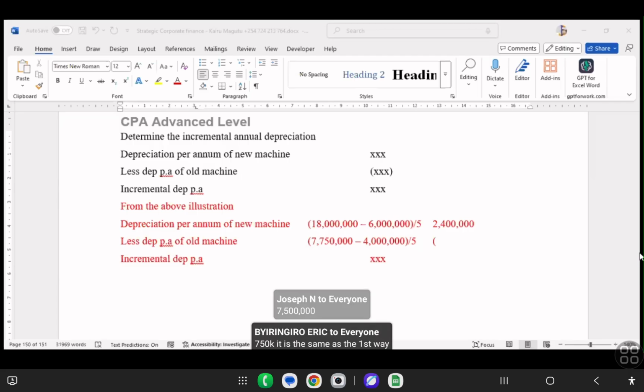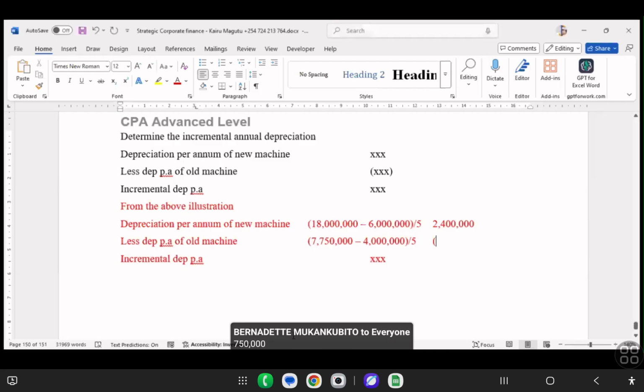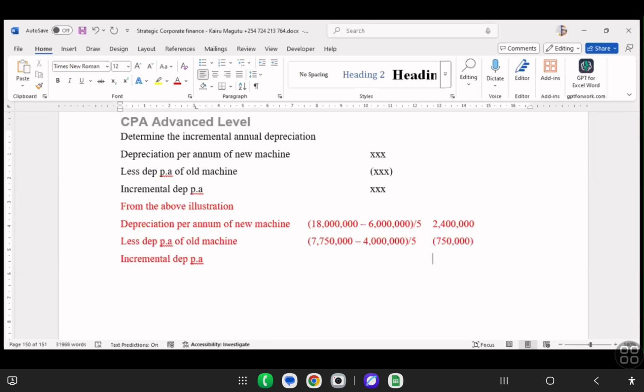Yes, I see a majority are giving 750,000. You depreciate the amount 750,000 like that. When you minus it from the depreciation per annum on the new one, you get the incremental depreciation per annum.